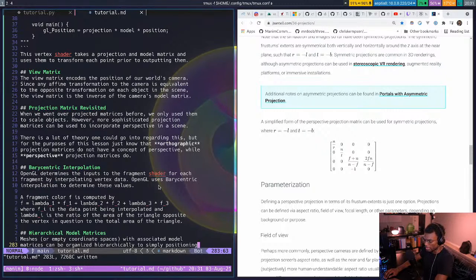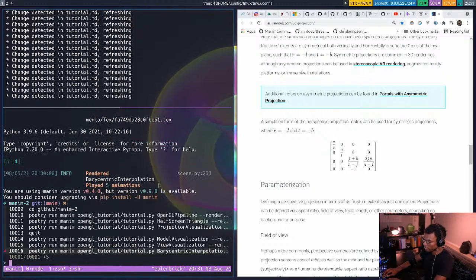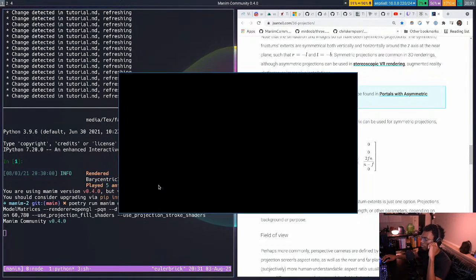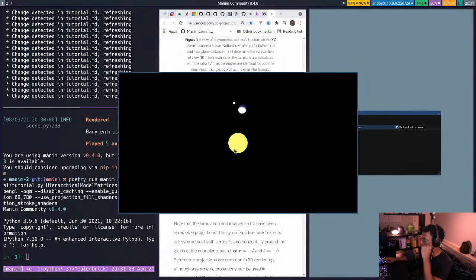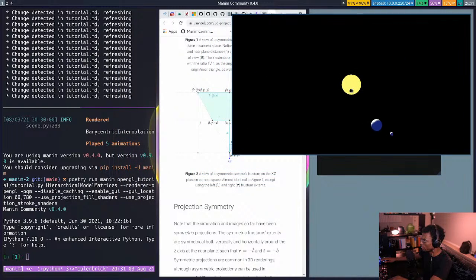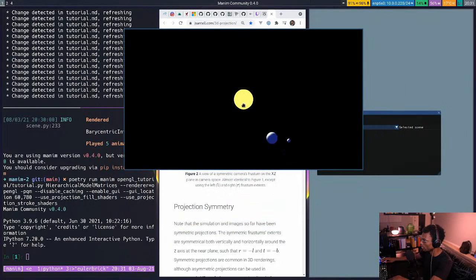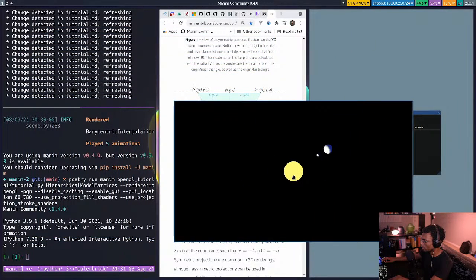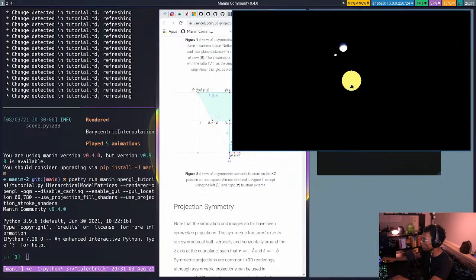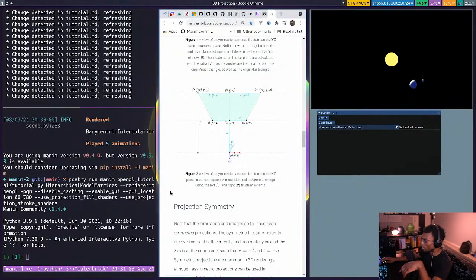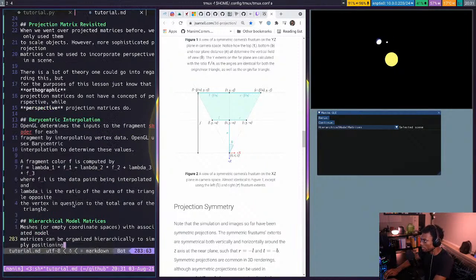I don't know for sure what I'd say about this, but the visualization here does this. Why would these get faster when I move the window? What in the world? Okay, anyway. This visualization pretty much tells you why you would want to organize model matrices hierarchically.